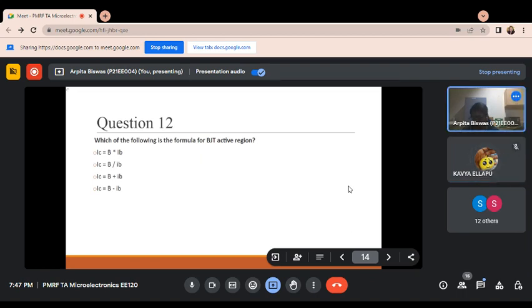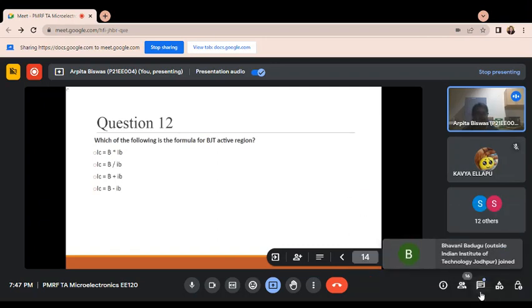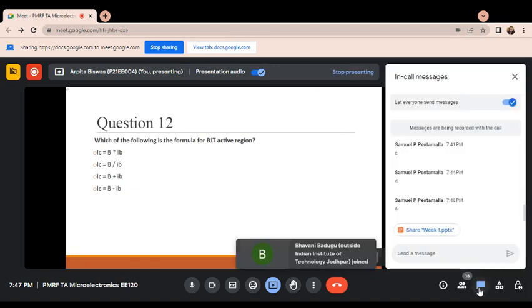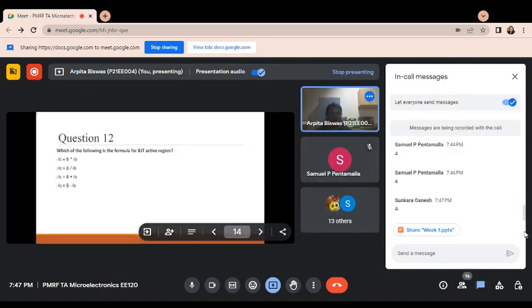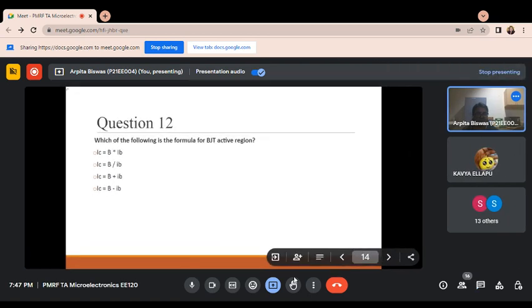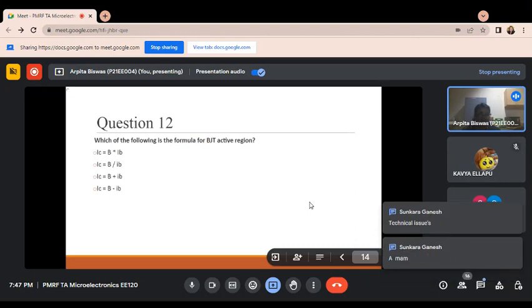Okay. Sukara Ganesh, what is the right answer? Please unmute yourself. Beta is the current amplification factor. Okay. Tarun, what is the right answer? Yeah, okay. If you are facing a technical issue, then you can write here.